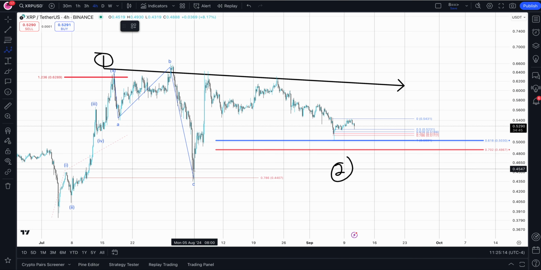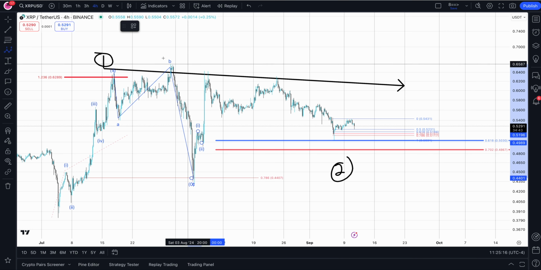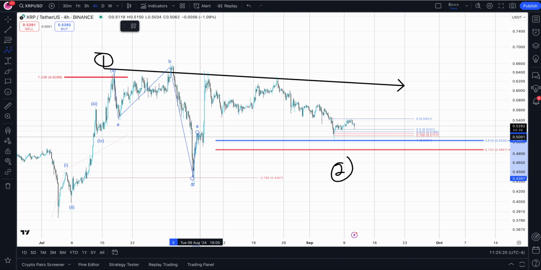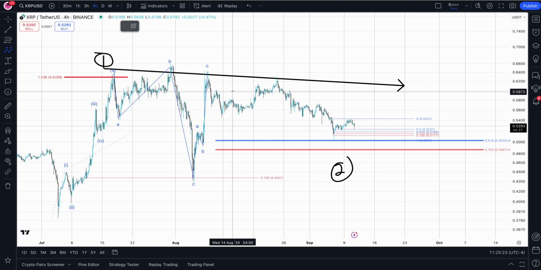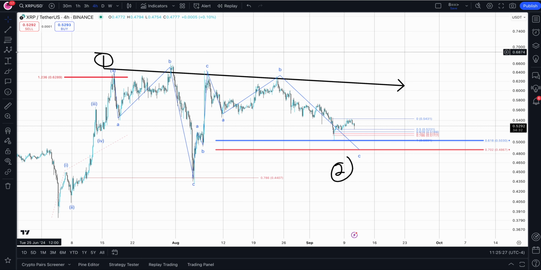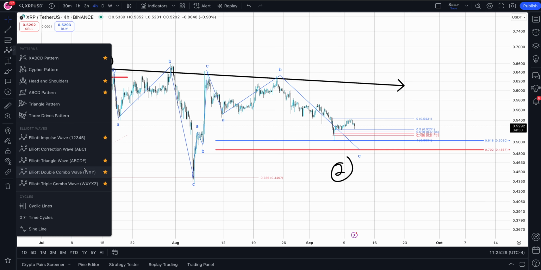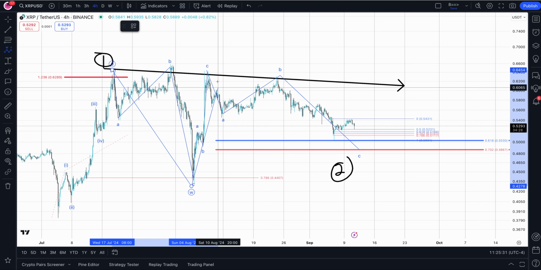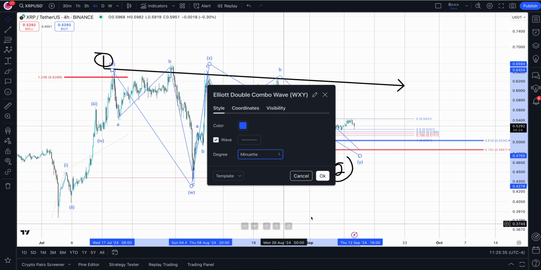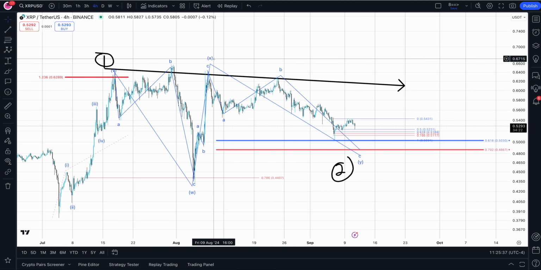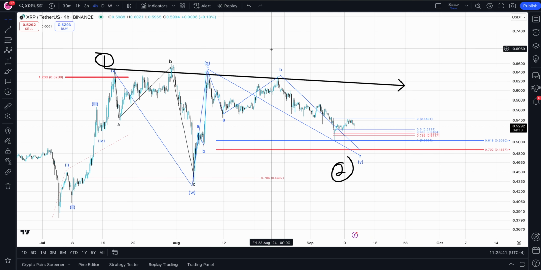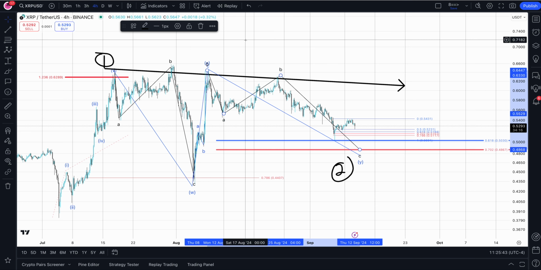So you have an ABC down, you have an AB, you have an ABC up, and now we're working on an AB, and now we're working on the C wave of our Y wave. And then this would be our WXY correction, just like that. I'll make these black so you guys can differentiate between the waves.